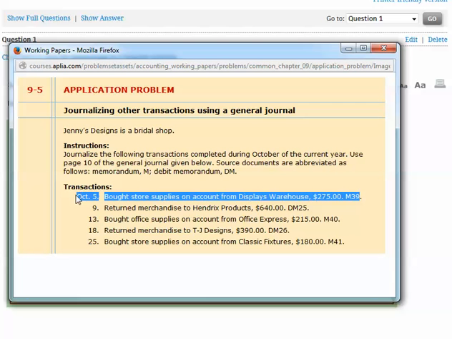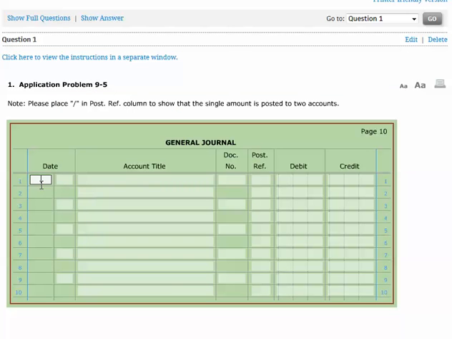Now, there's one difference in recording a general journal transaction from what we've done in the past, which will be explained further in Chapter 11. Our first transaction is: bought store supplies on account from Displays Warehouse for $275. We go to October 5 and do it the same way we normally do.